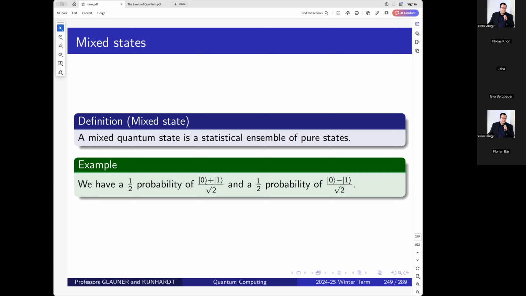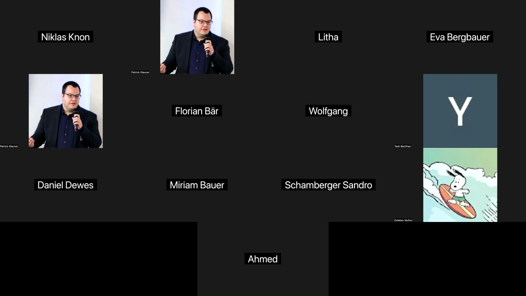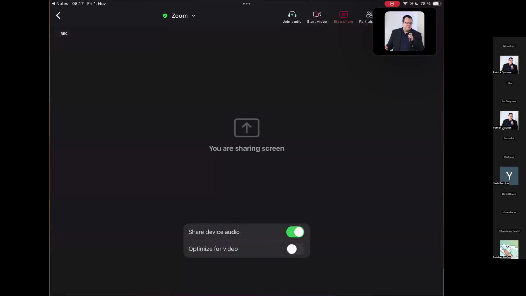Now you could have both of these states, each with a 50% probability, and you put all of that together, you would have this ensemble of pure states, because both superpositions are pure states. I'll switch to my iPad to show you some of the theory. We'll look at a few examples of mixed states, and we see what it's actually useful for in the context of quantum computing.